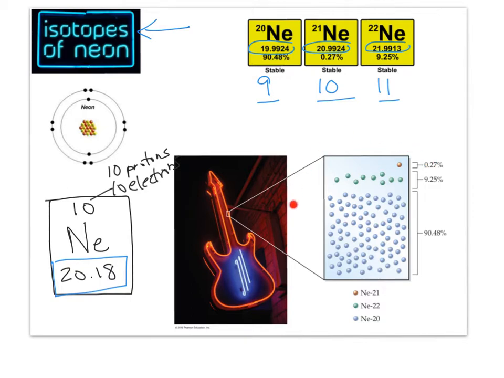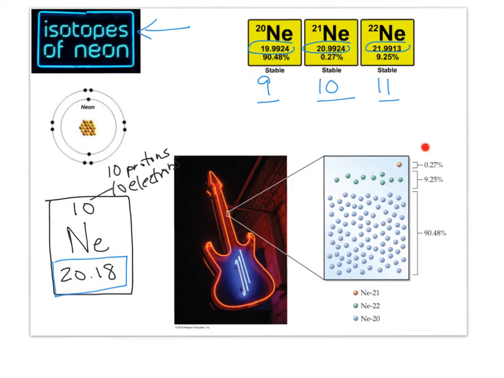When looking at a sample of neon gas, you can see that that sample of gas is made up of different isotopes of neon. Neon 21, there's only 0.27% of the sample is going to be that. Another isotope, neon 22, is only 9.25% of the sample. And then the rest of the sample, which is 90.48%, that's going to be neon 20.